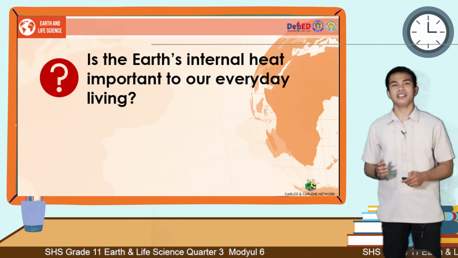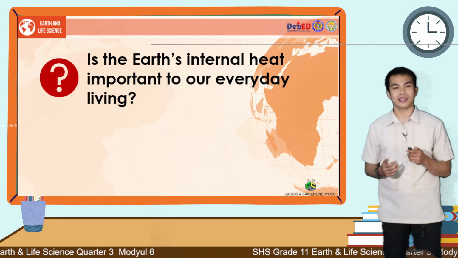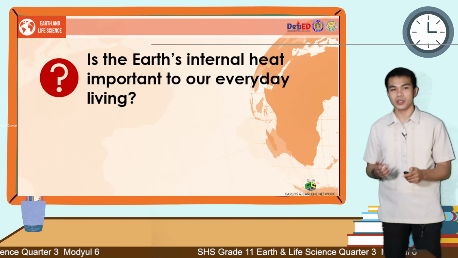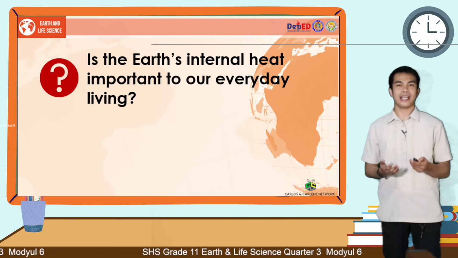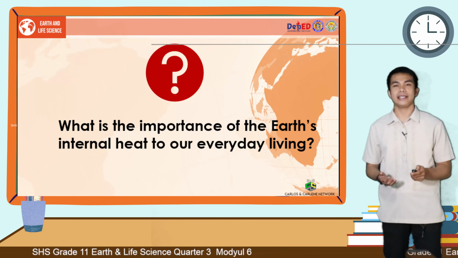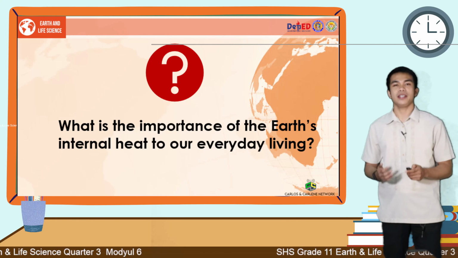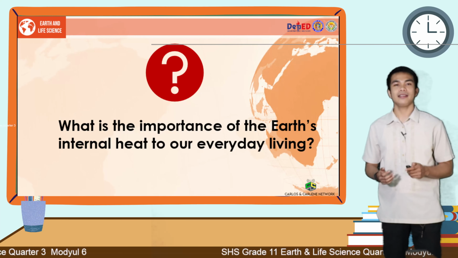Is the Earth's internal heat important to our everyday living? Why do we need to study it? To answer this question, let us reflect. What is the importance of the Earth's internal heat to our everyday living?